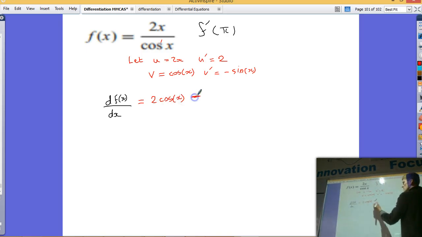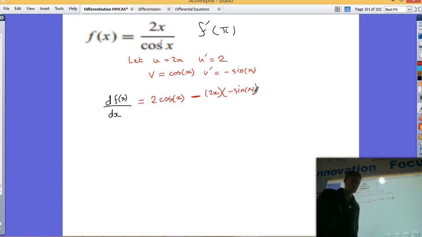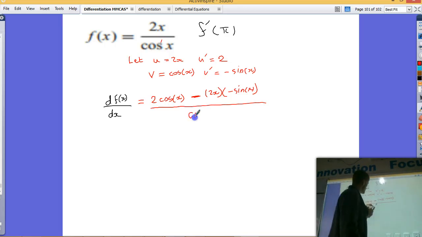Then we subtract u multiplied by v dash. This cross business. U times v dash. So I'll have a 2x times negative sine of x. And when we do our substitution for the first time, it's good to just lay it out like this with brackets over v squared, which is cos squared of x.